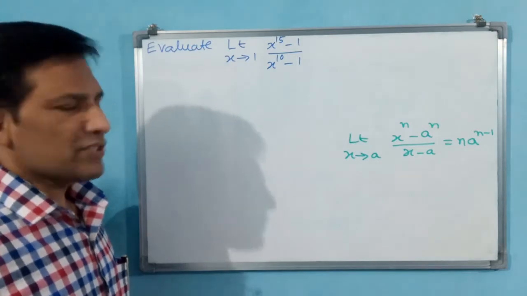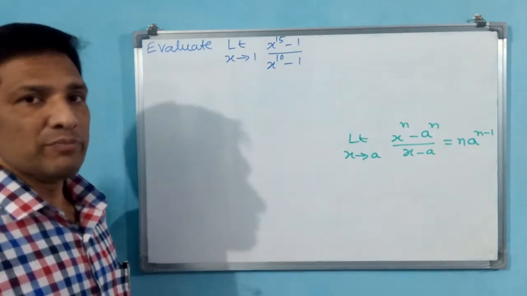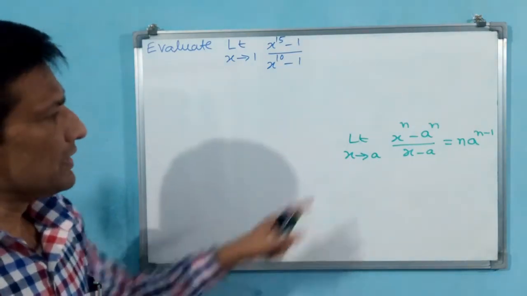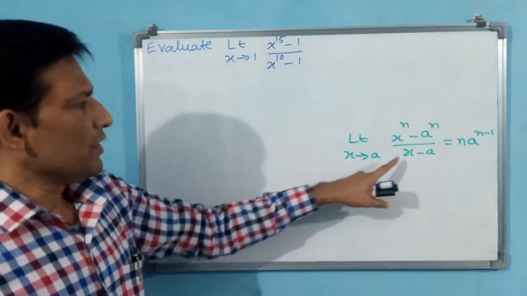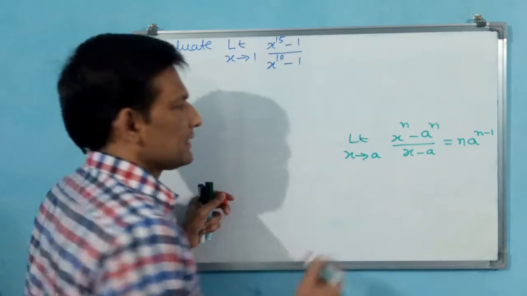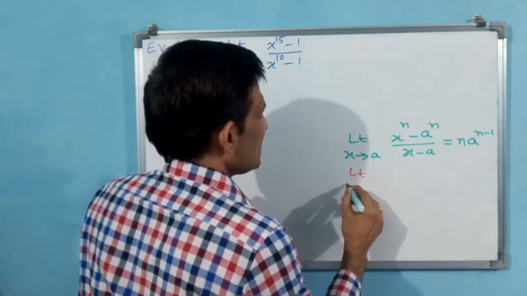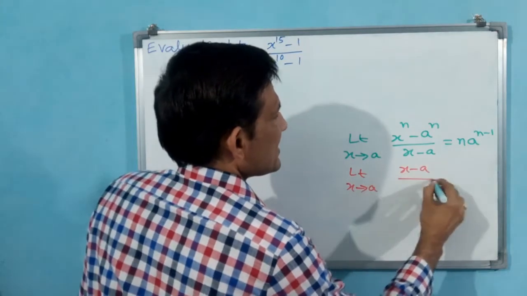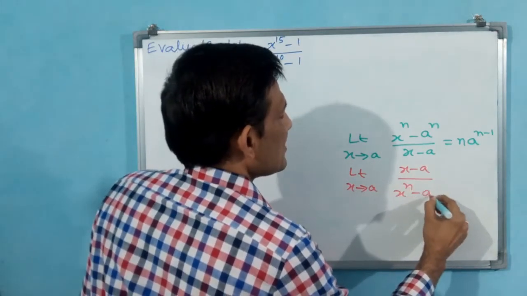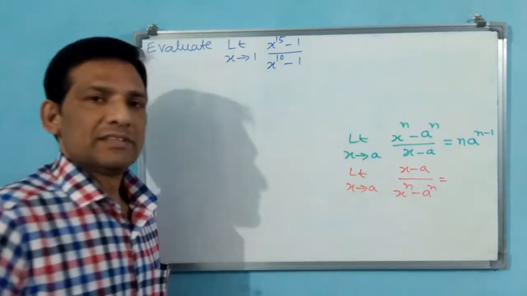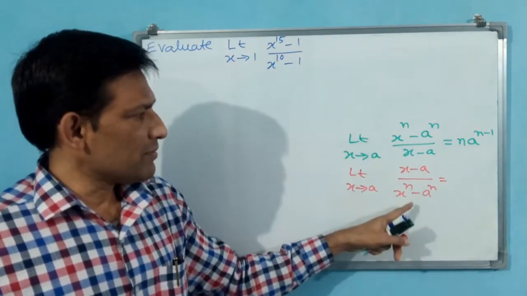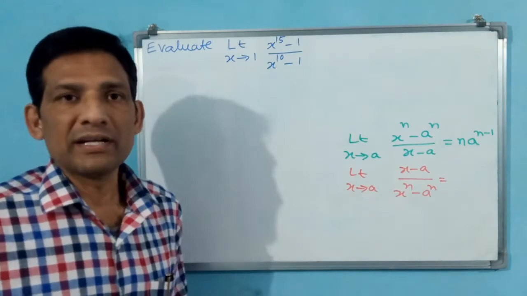Okay, for simple sake I am writing this in simple form. One more point I want to tell. Limit x tends to a, if you reverse, what will happen here? Limit x tends to a is the same, but here numerator has become denominator, denominator has become numerator.